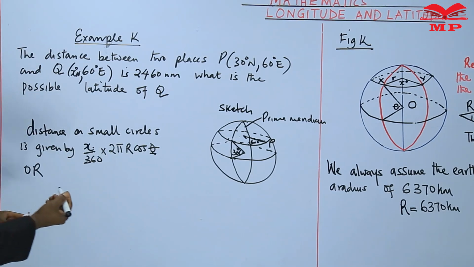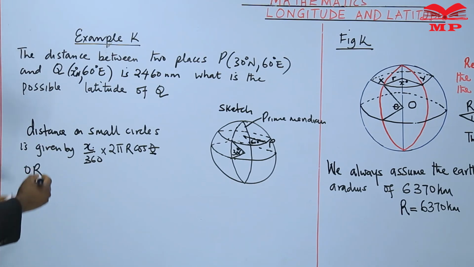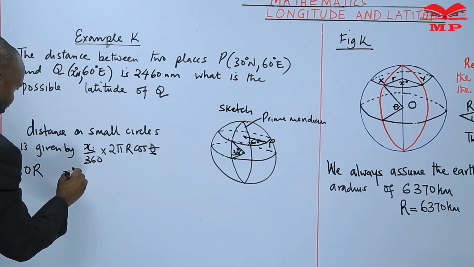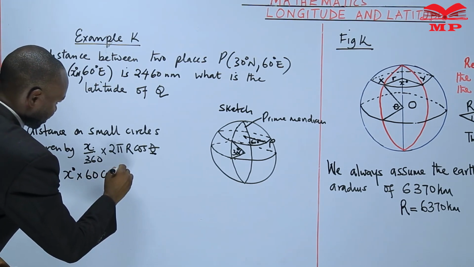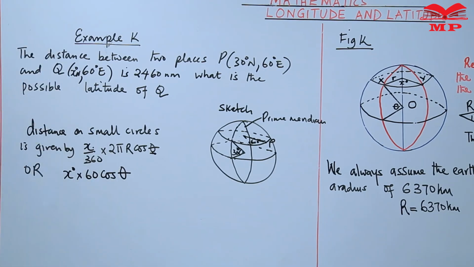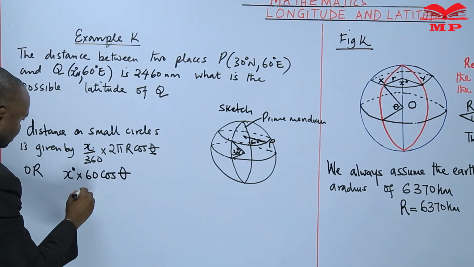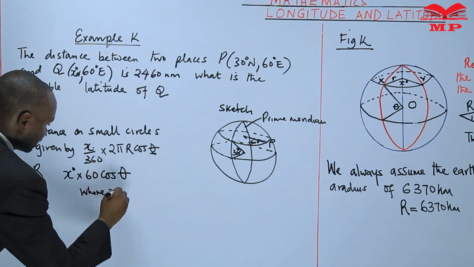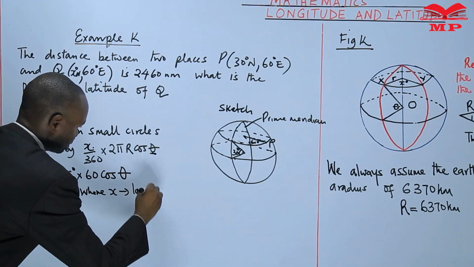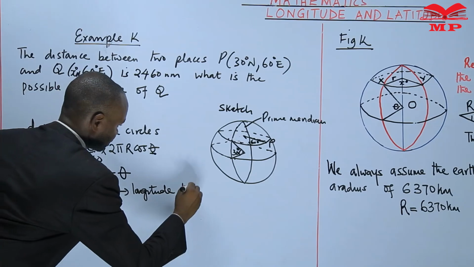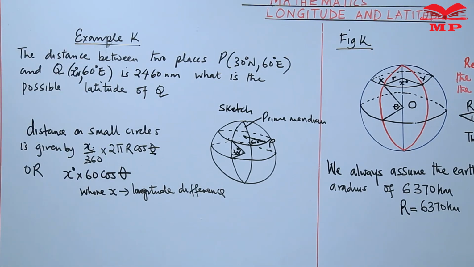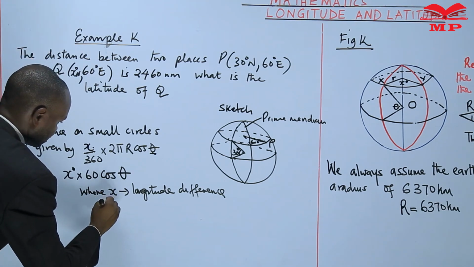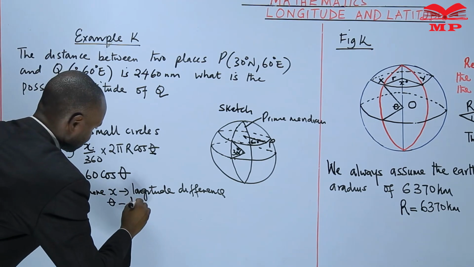Or if we are using nautical miles, it will be x degrees times 60 cos theta. So you be very careful, where x is the longitude difference, and theta is the latitude of the small circle.